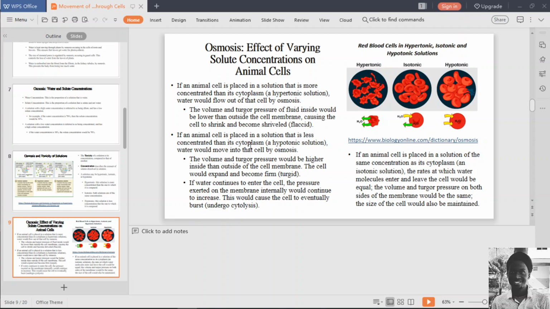And if water continues to enter the cell, the pressure exerted on the cell membrane internally would increase, and this would eventually cause the cell to burst or undergo cytolysis. And this is what you're seeing happening here.